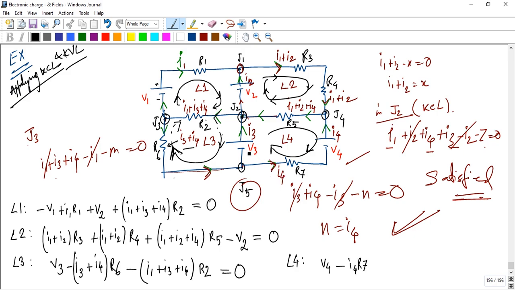Then minus V3, minus to plus, same. For R5, obviously the opposite direction, because ours is clockwise and that is anti-clockwise. So minus the potential drop across R5, the current through it from Ohm's law being (I1 plus I2 plus I4) times R5.